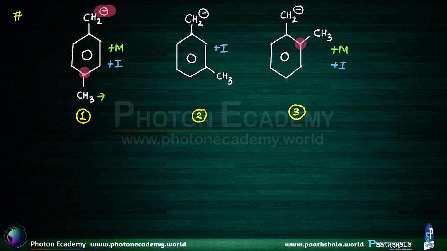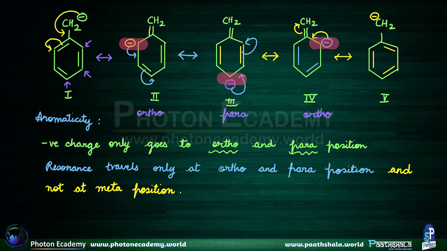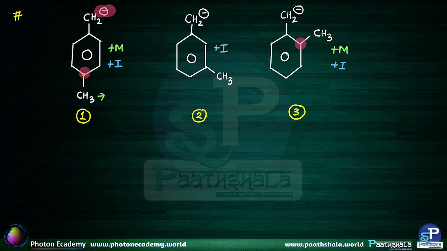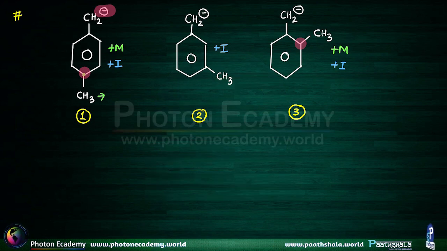Now, if I look back at the example here, I notice that the negative charge is traveling to all the ortho and para positions equally. So the plus M effect will have the same effect wherever it is, whether it is at ortho or at para, because the amount of negative charge is the same everywhere.